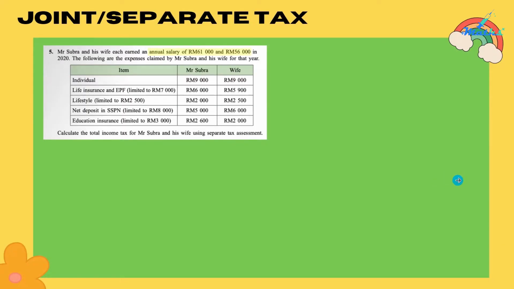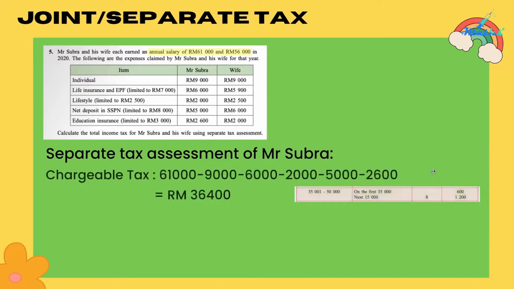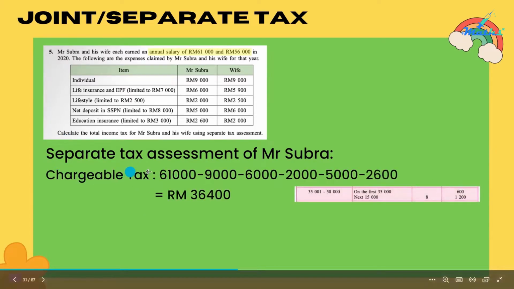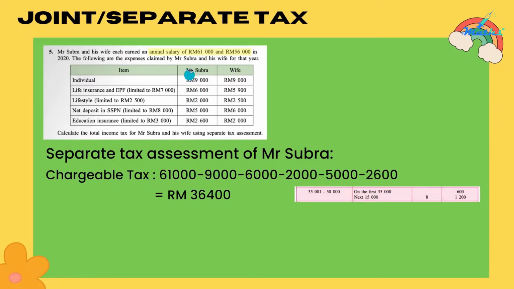So first, we do the separate tax assessment of Mr. Subra first. We need to calculate the chargeable income first. So we use the annual salary minus the expenses that Mr. Subra used, and so the total should be this.